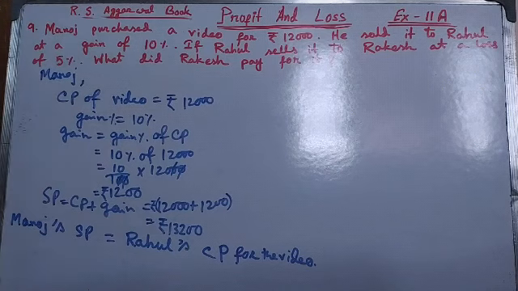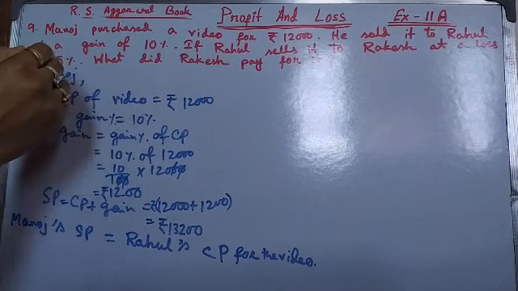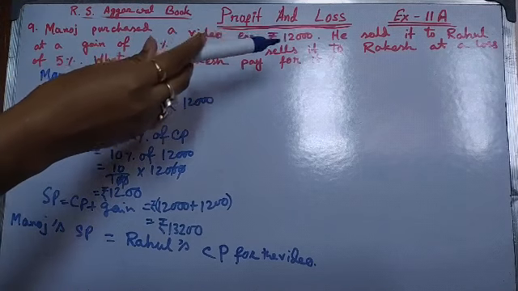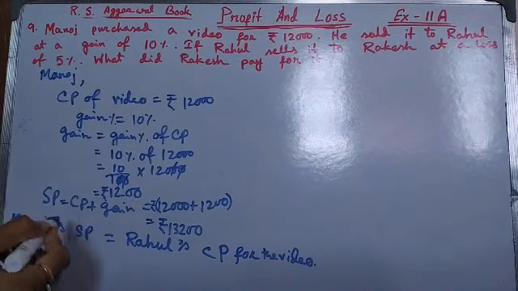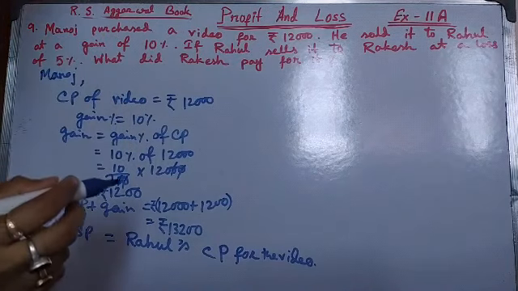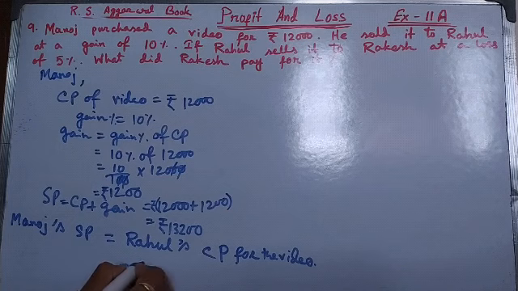So here Rahul sells it to Rakesh at a loss of 5%. That means we have to find out that loss first by using this CP. That means Rahul's CP is equal to rupees 13,200.